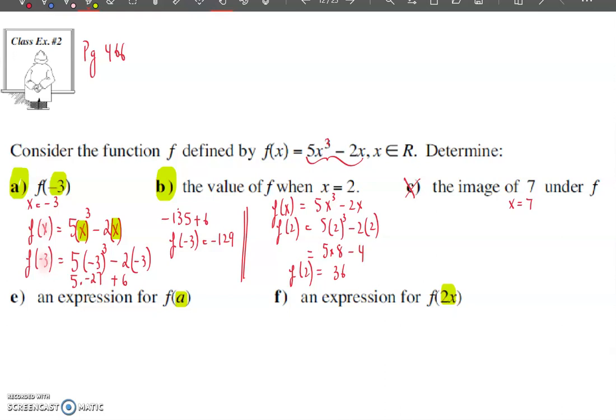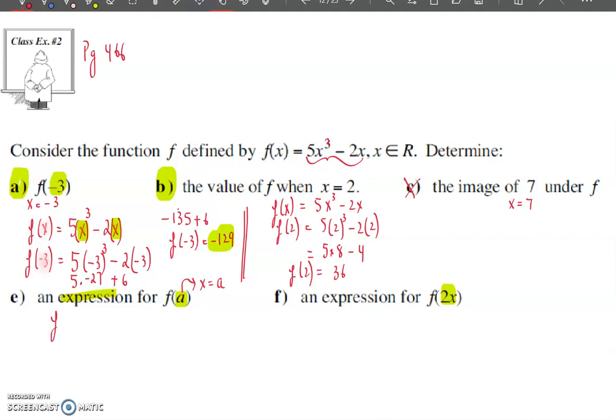Whatever they've put in there, that's what you're going to substitute for x. Whether you get a value or an expression depends on what they ask you to put for x. In this case, they're not giving us x as a number. They're telling us that in place of x, you're putting that a in there.